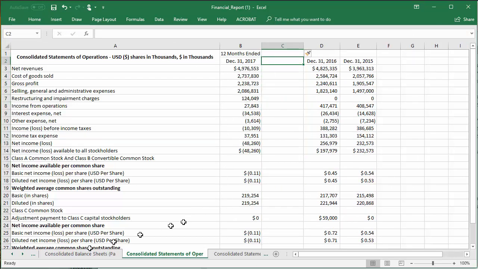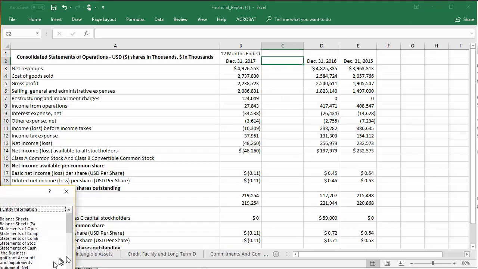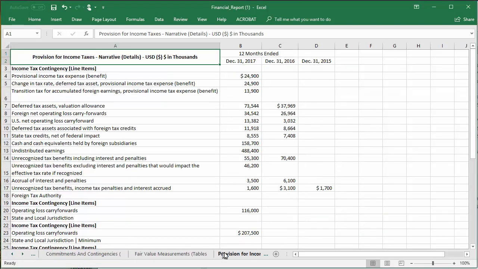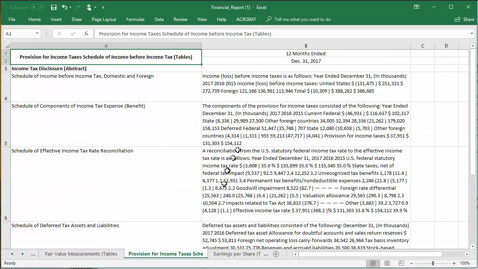The way you would do it is you need to look up the tax footnote and see what their effective tax rate is. So in this case, I go to, let's see, here we go. Here's the tax footnote over here. And you can see the federal statutory rate, effective income tax rate in the most recent year, I'm looking at this in a kind of weird way, but it's 33.8%.